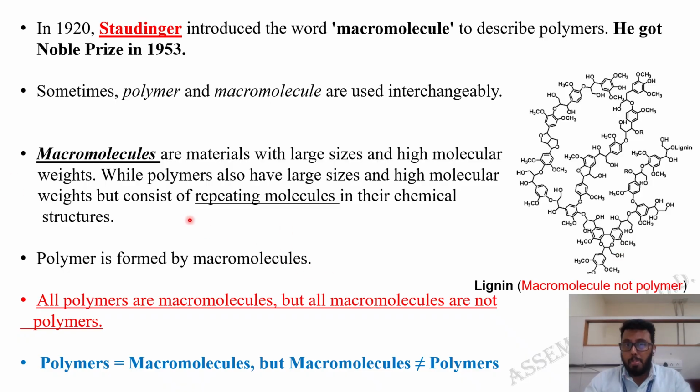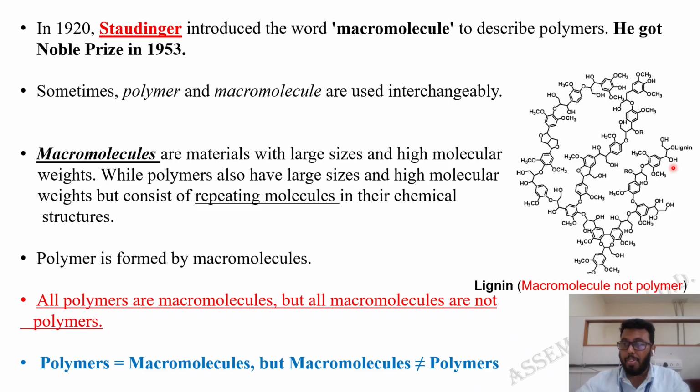While polymers also have larger size, look at this one. For example, if we take one monomer unit, let's take ethylene. You got CH2 double bond CH2, two carbons and two hydrogens. We know that carbon atomic mass is 12, hydrogen atomic mass is 1. Two carbons means 24, two hydrogens means 2. 24 plus 2, 26 is the molecular mass of ethylene. If it is polyethylene, then 26 is the ethylene molecular mass.